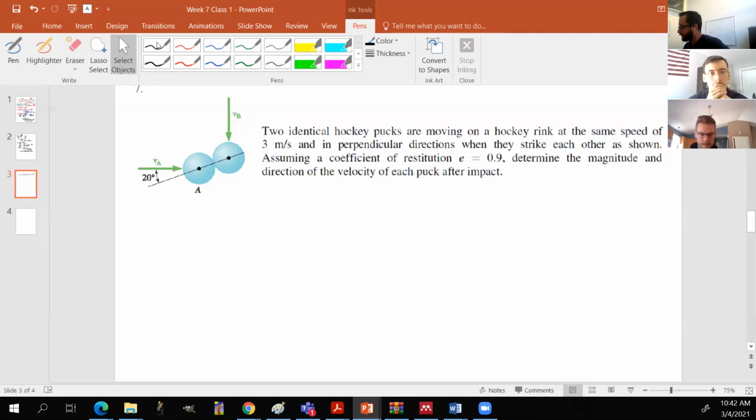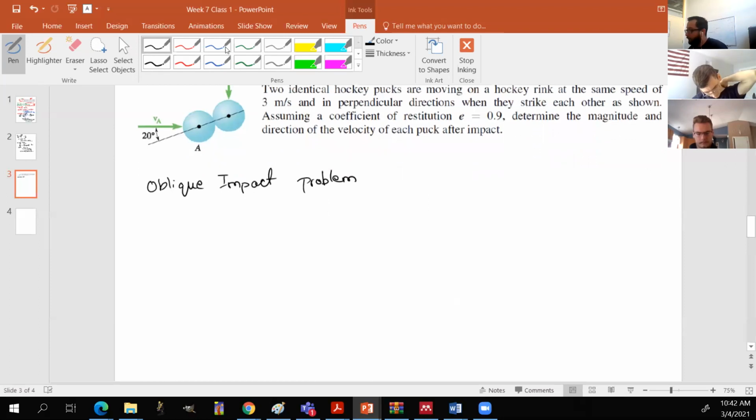All right. So straight away, this is an oblique impact problem. Right? So let's set up our relationships that we had set up when we were looking at the theory.